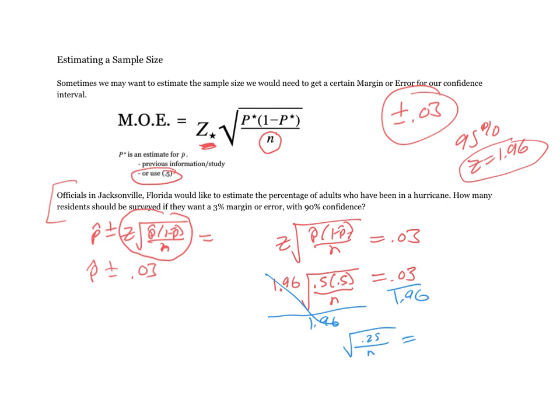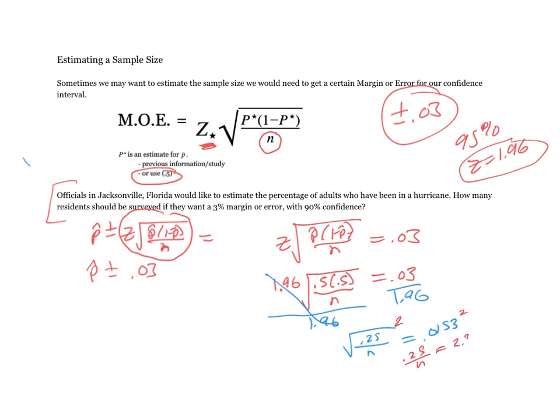And 3% divided by 1.96 would get me 0.0153. Then, solving for n, I would have to square both sides to get rid of the square root. So I would square 0.0153.